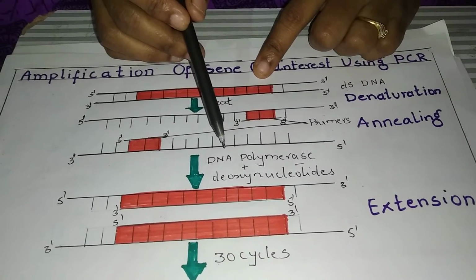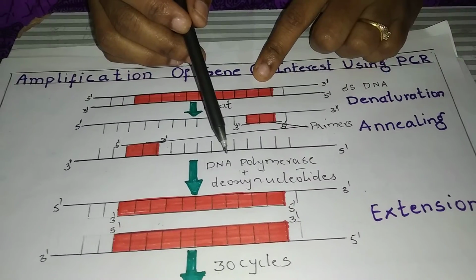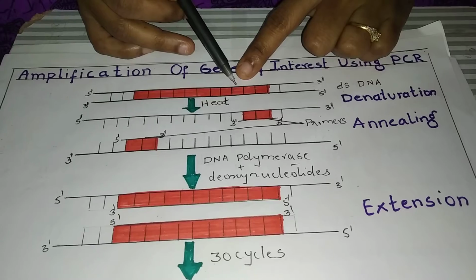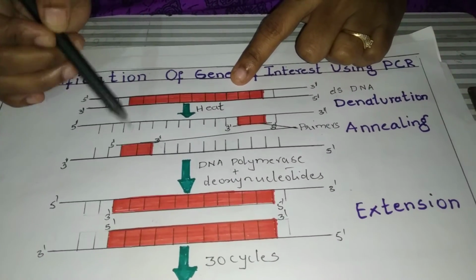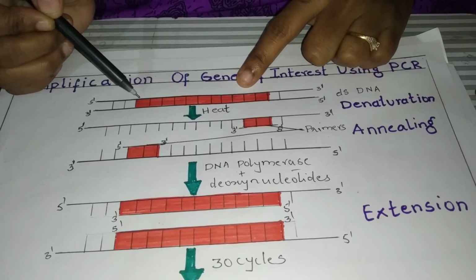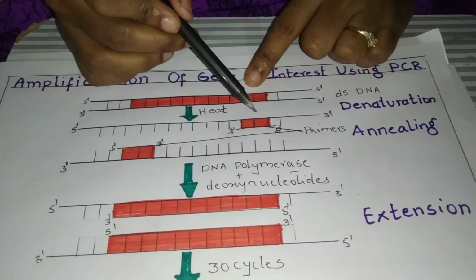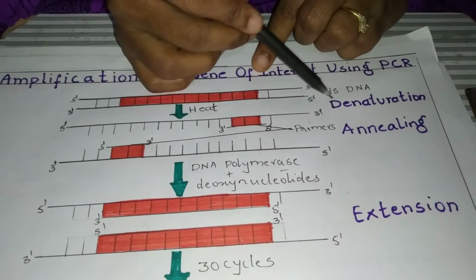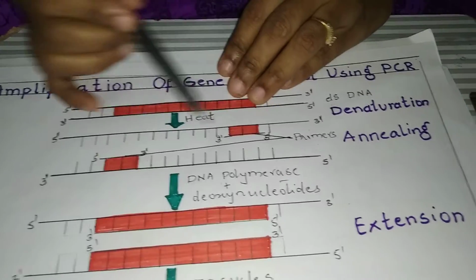This enzyme has the capacity to resist high temperatures and allow the strands to separate. As a result, the two strands get separated. So this process of separation of double-stranded DNA into two separate strands by application of a very high temperature in the presence of DNA polymerase enzyme is called denaturation. So that is the first step.